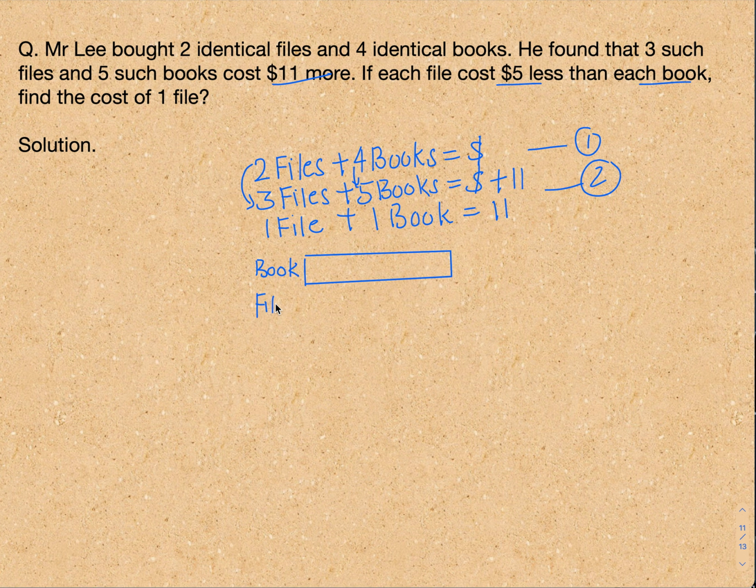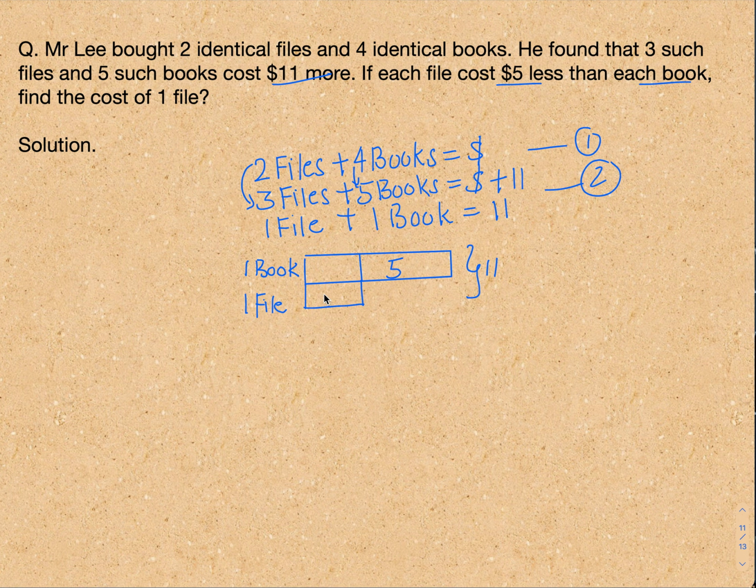So let's draw that as well quickly. Let's say this is my file. And the total is how much? 11. We know that 1 book and 1 file, the total cost is 11. And we also know that the cost of one file is 5 less than one book.